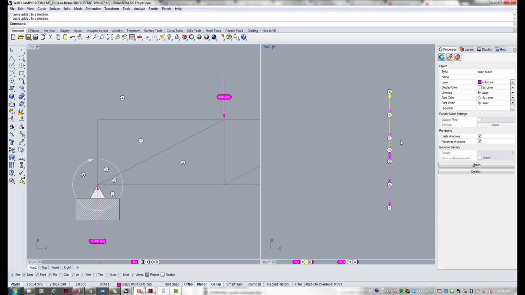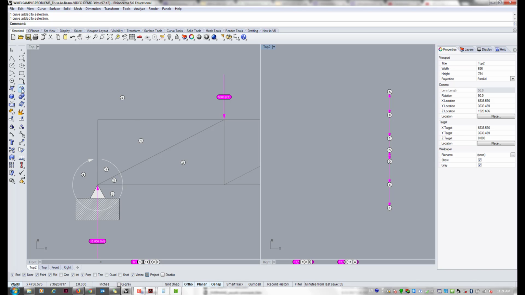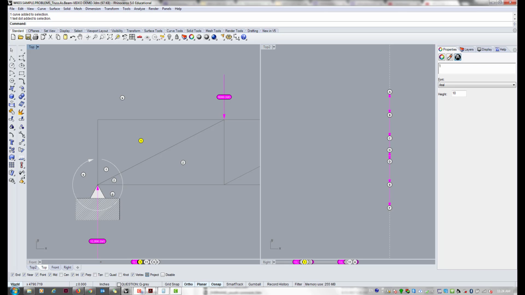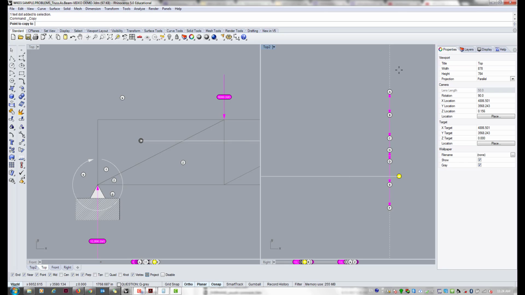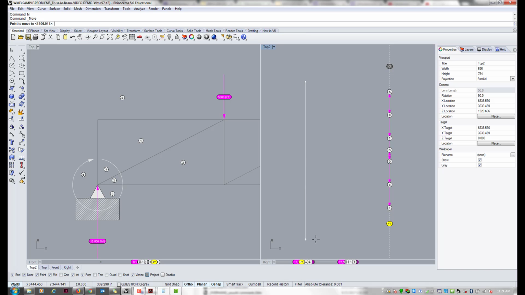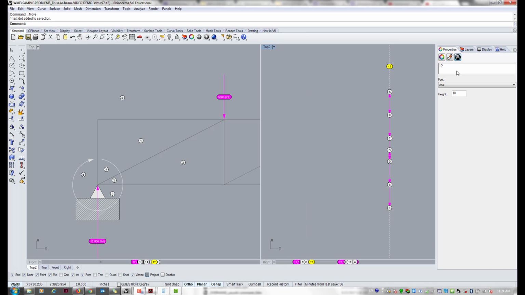Then the next one is A1. First we know that there is going to be some sort of a vertical line starting from point A. Let me turn this into a dashed line too. And point 1 would have to be somewhere along this vertical line, but we don't know where it is. So we're just going to leave it at that. Point 1, we don't know where it is.